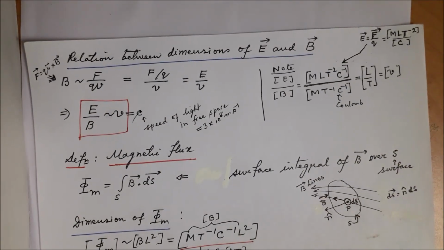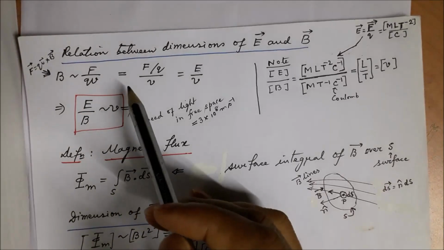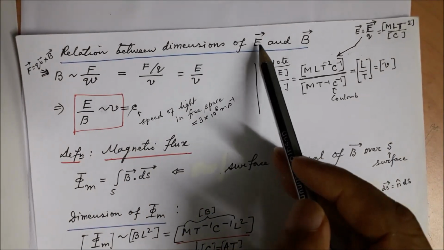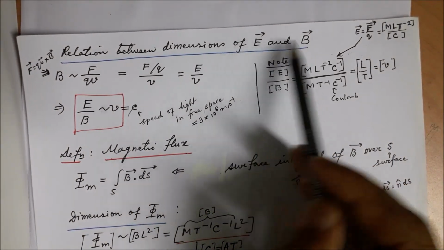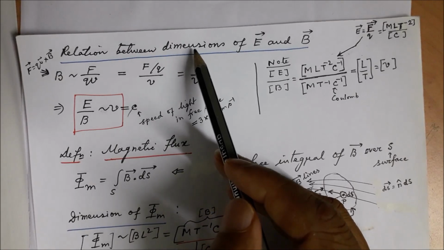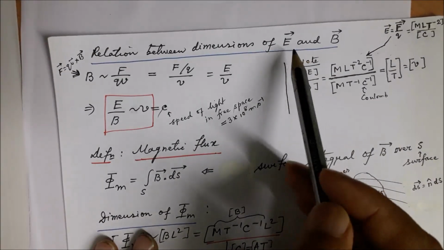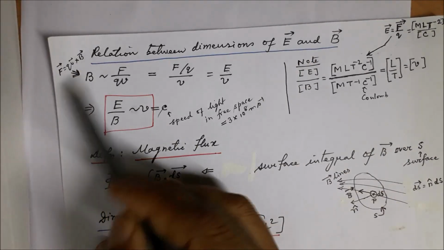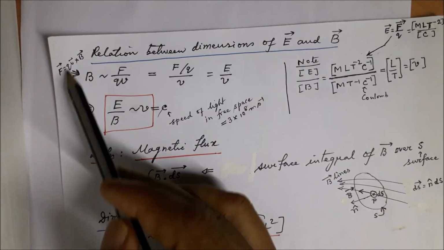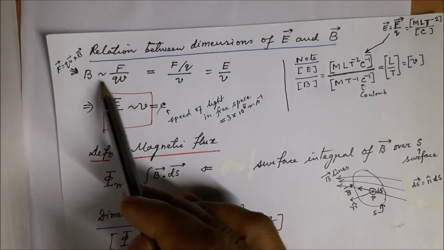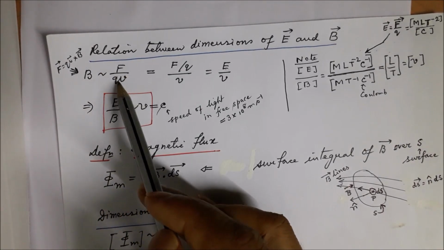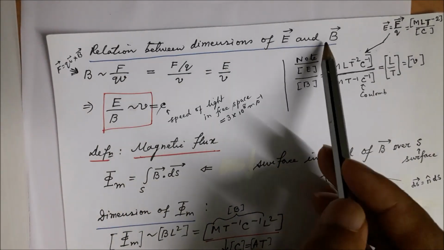We next try to interrelate E and B in terms of their dimensions, or the Lorentz force relation, which written in a crude form gives us B of the order of F by QV. From here also we can find how they are related.